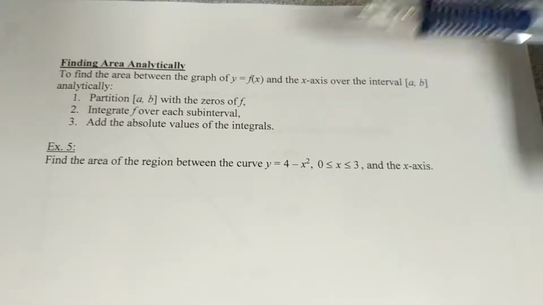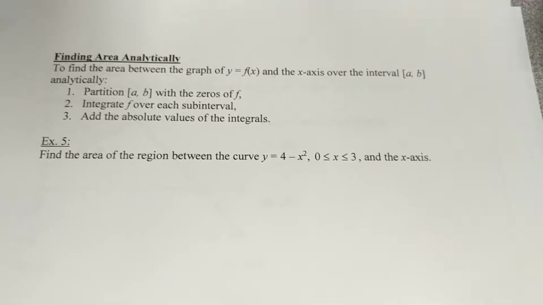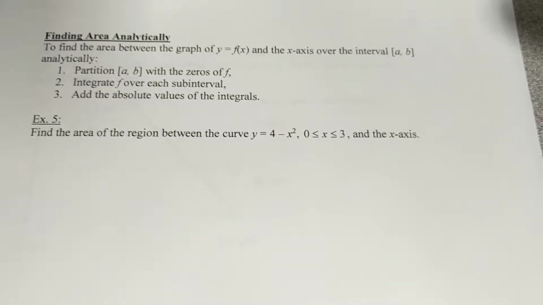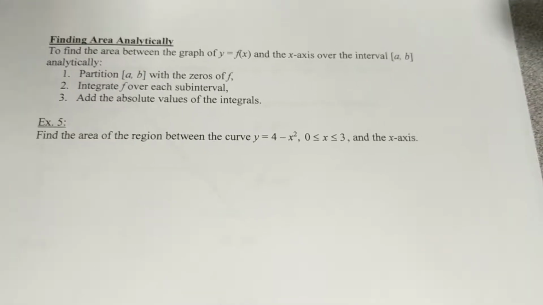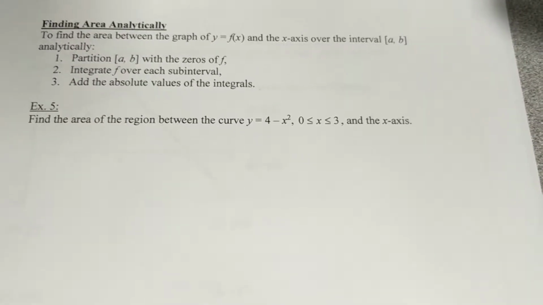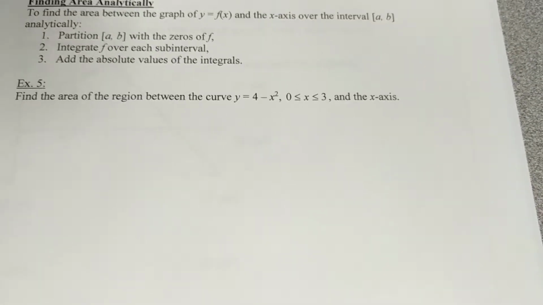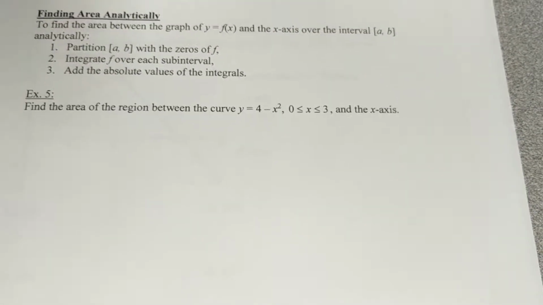So we've been talking about how when we integrate, the area below the x-axis is negative. But when they specifically use the phrase find the area, we can no longer consider that amount of space as negative. It has to be considered positive.